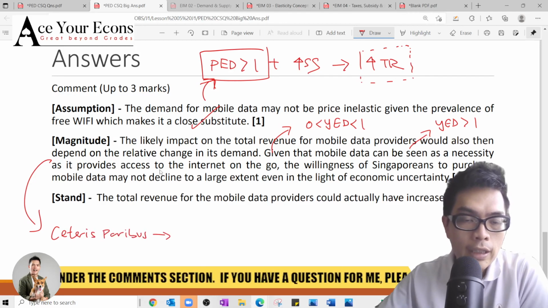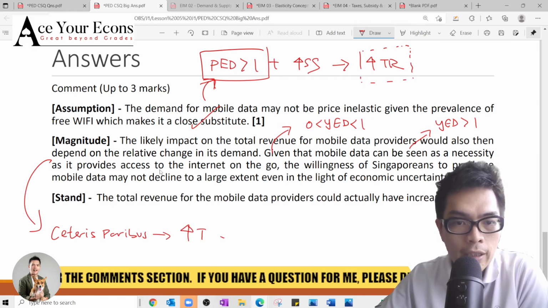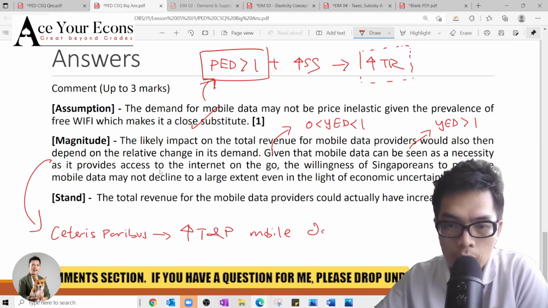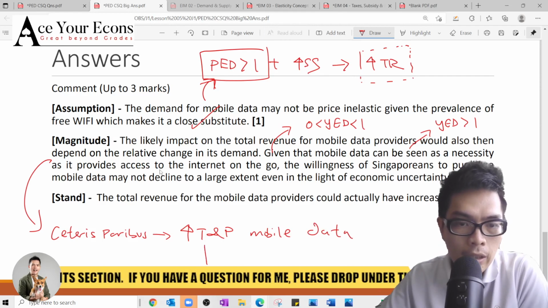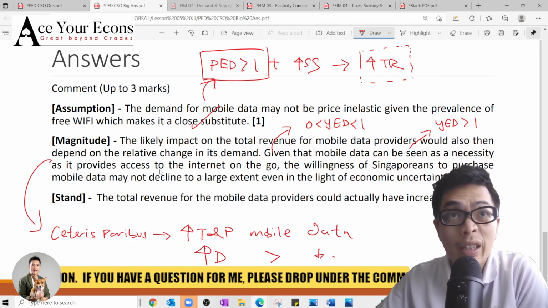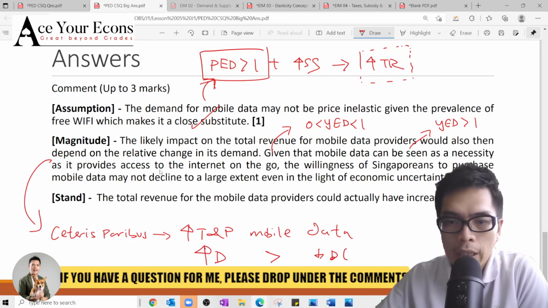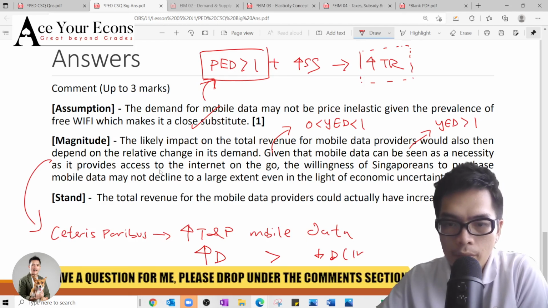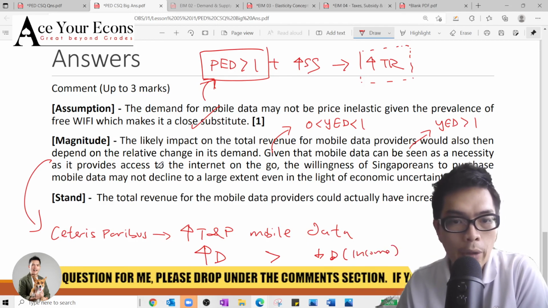So for instance, when there is an increase in taste and preference for mobile data, then the increase in demand may exceed the fall in demand due to income. So this is how we can play around.